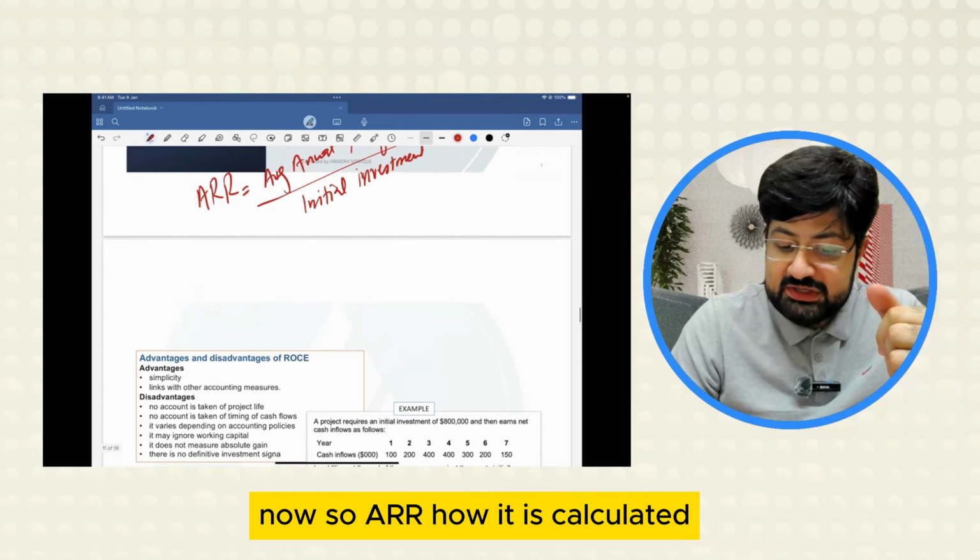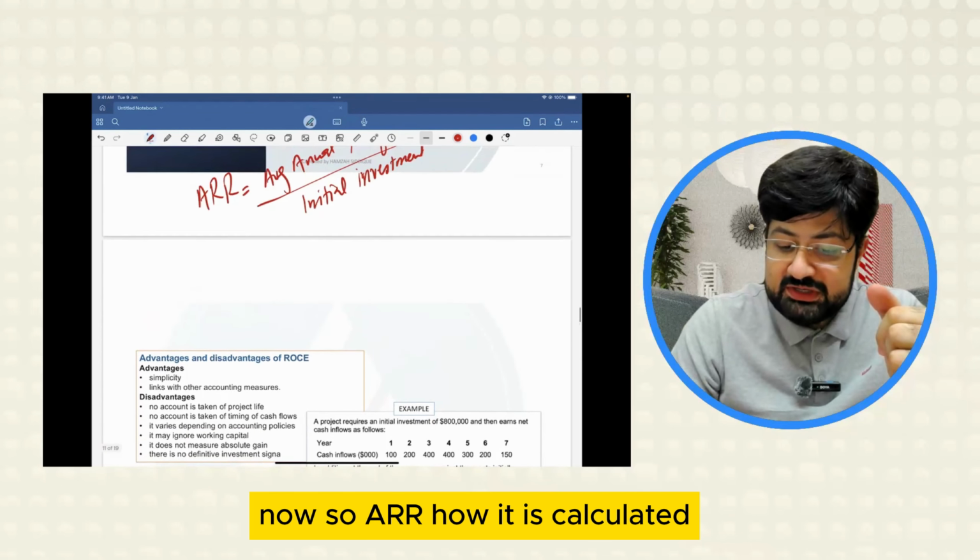Now what we will be doing, we will be calculating total cash flows. The sum of all these cash flows we can calculate. If you calculate the sum of these cash flows, that is 1750.